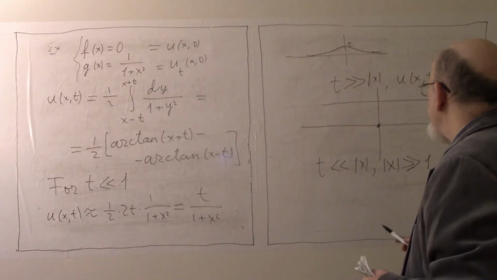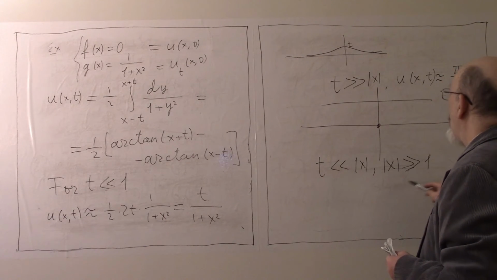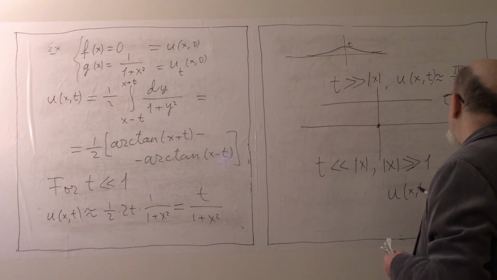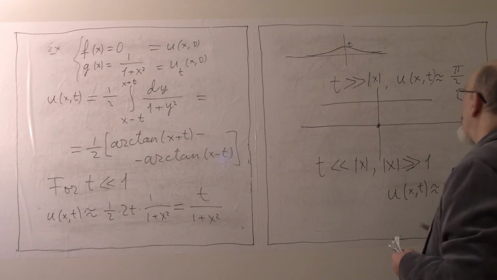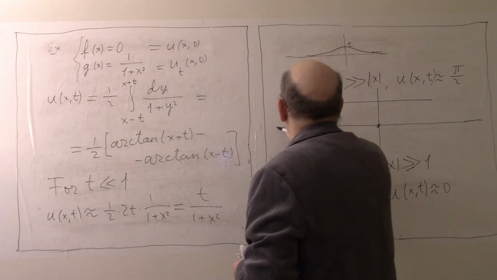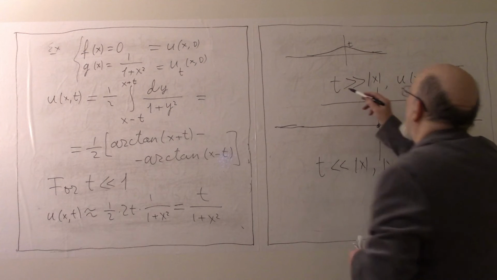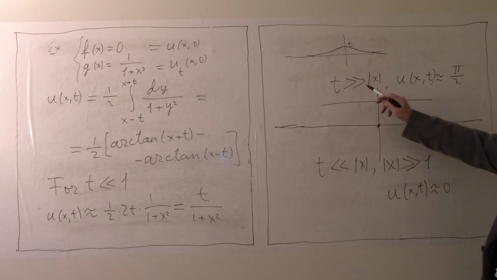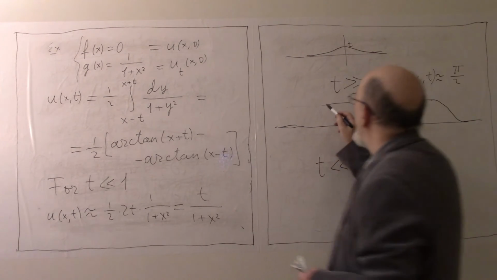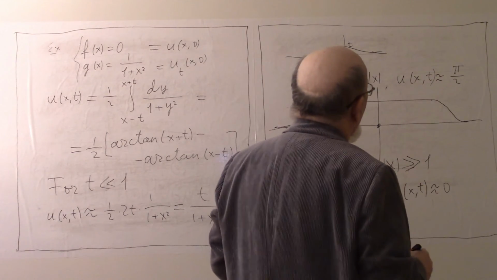And so the difference is close to 0. So u(x,t) is close to 0, more or less. And here, at x of order t, close to t, we have this gradual transition.